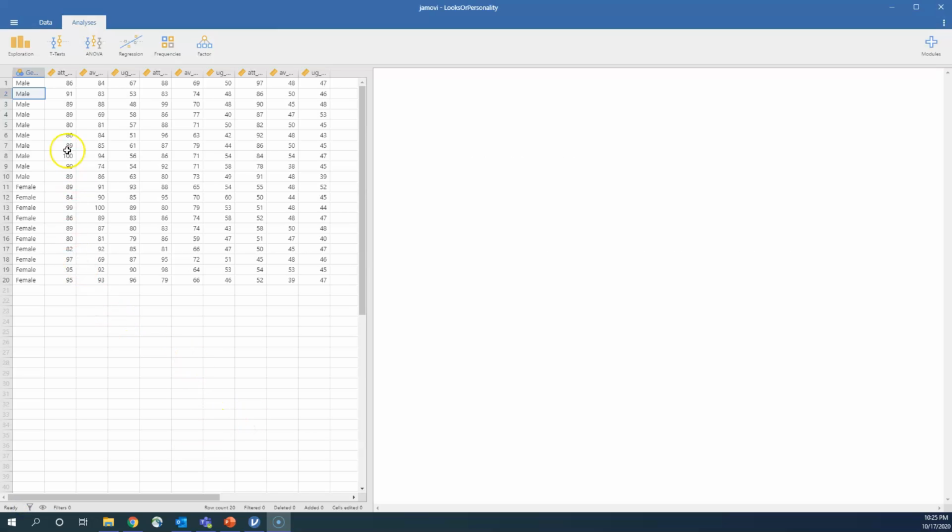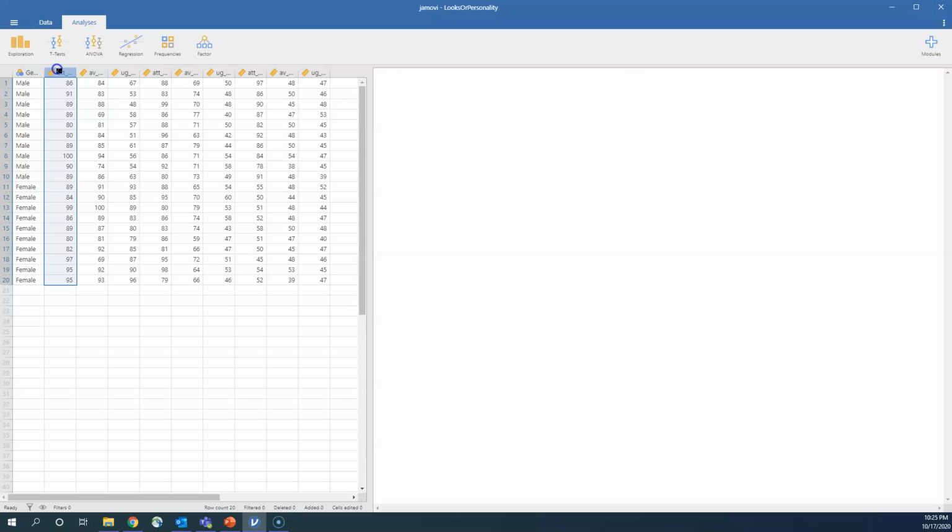Okay, so the way we've got the data set up here in this file is we've got all the variables across the top. Only the first one is the between subjects variable. This is a list of 10 male participants and 10 female participants, and each of those people went across dates that were of varying levels of attractiveness and charisma, and rated those individuals on a scale from 0 to 100.